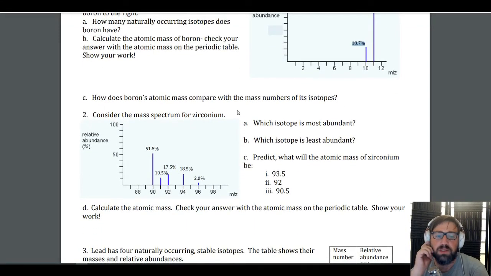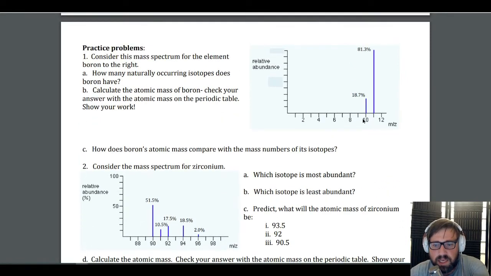How does boron's atomic mass compare with the mass numbers of its isotopes? What does that mean? What are they wanting me to say here? I mean, the mass numbers are 10 and 11. Those are the mass numbers.